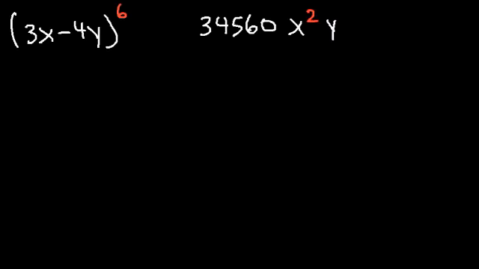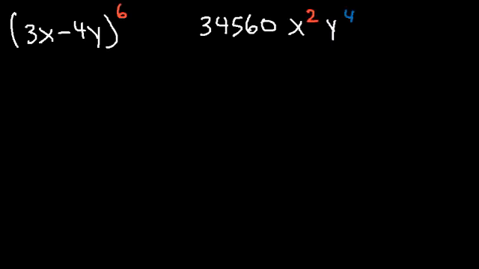Now let's find the value of the fifth term using the same expression. If you rewind the video, you'll see that the fifth term is 34,560 x squared y to the fourth power. So go ahead and pause the video, see if you can find the fifth term using the equation that I just showed you.